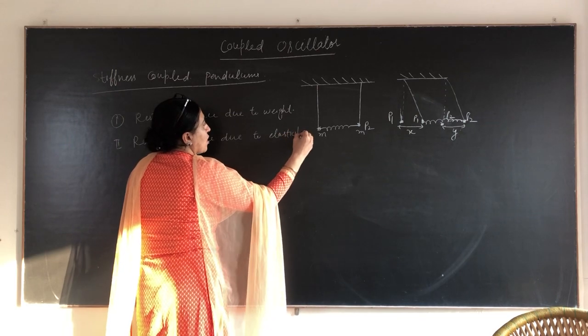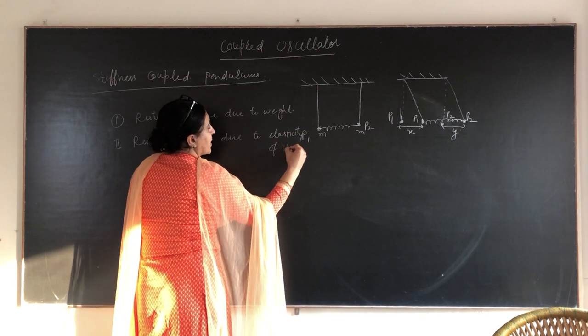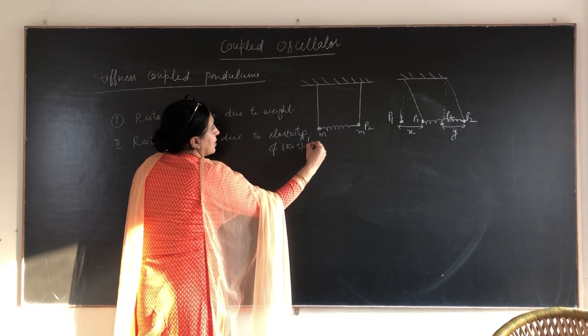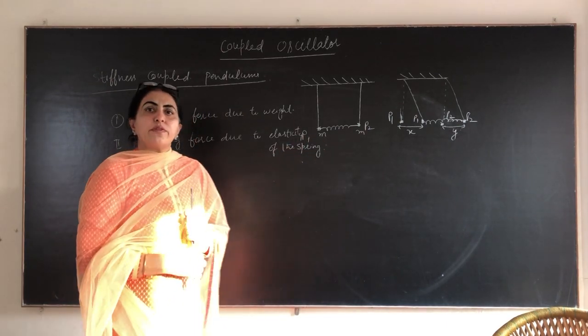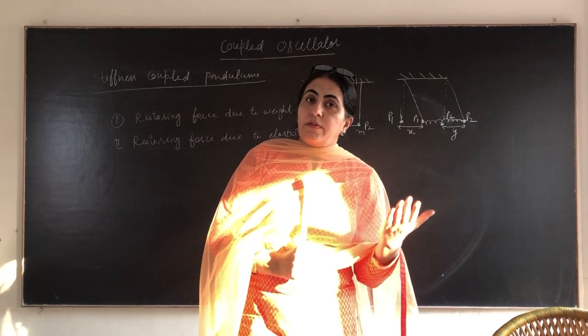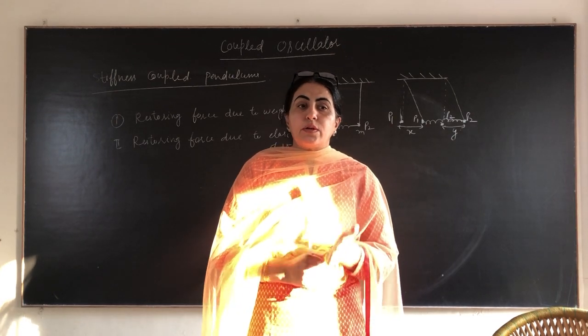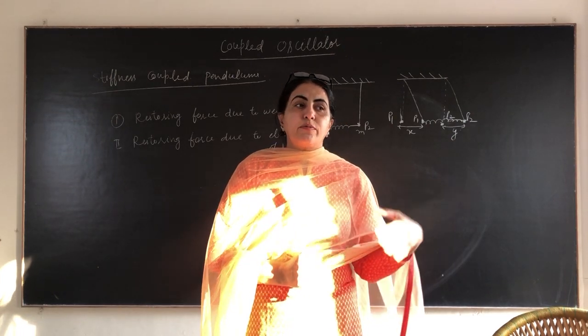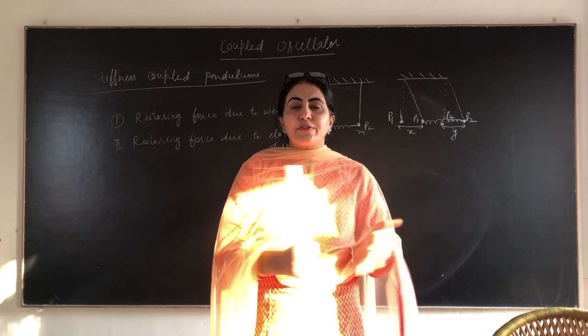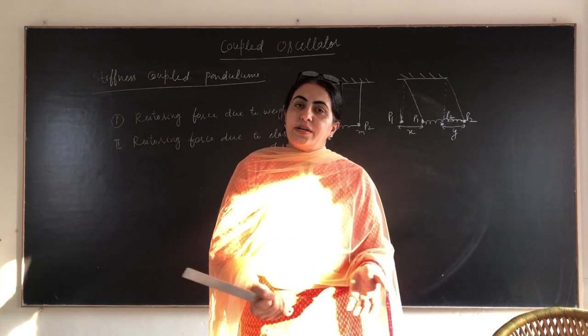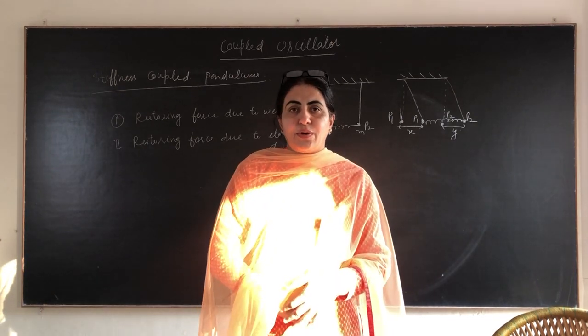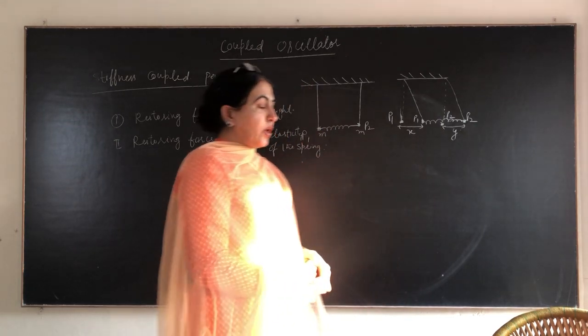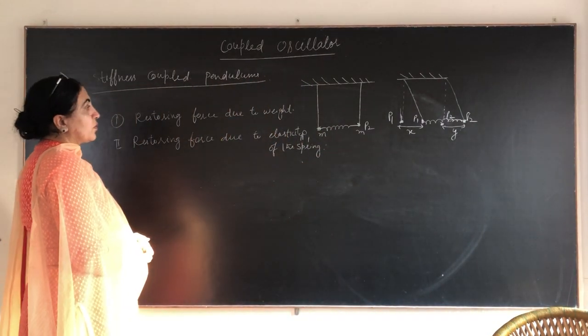Elasticity of the spring. So there are two types of restoring forces. Now we have to find out these restoring forces, then we find out the net force, then put in Newton's second law of motion. So what is the restoring force due to weight?